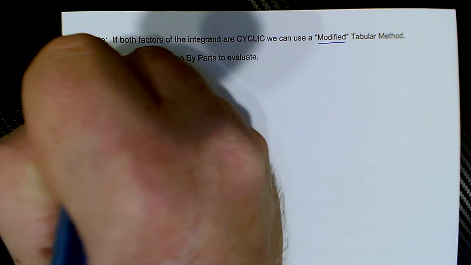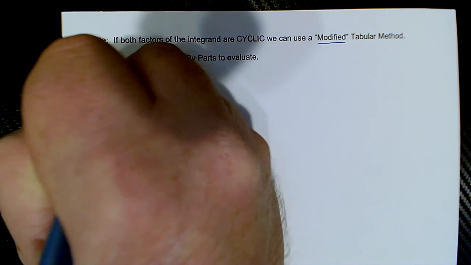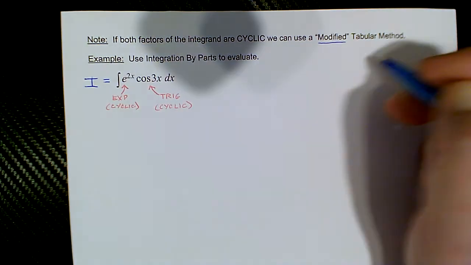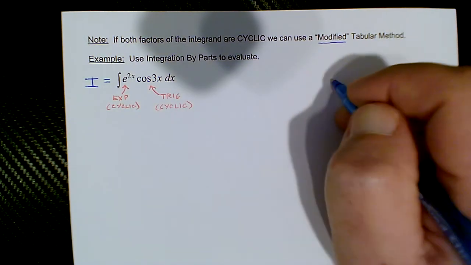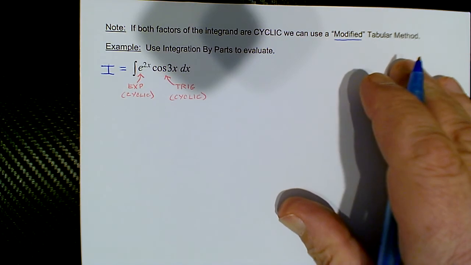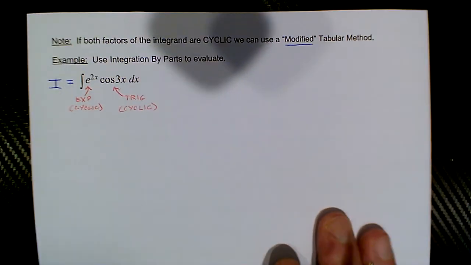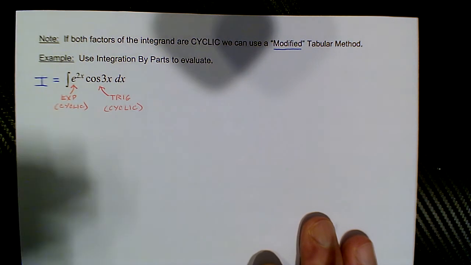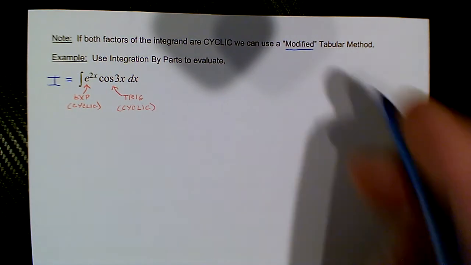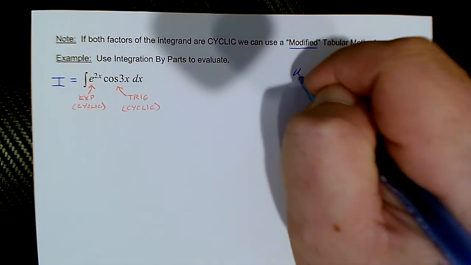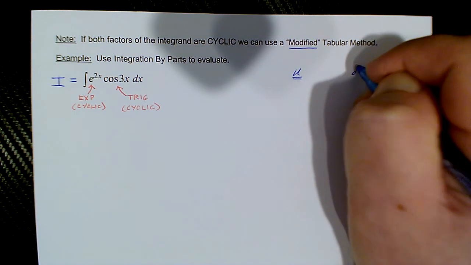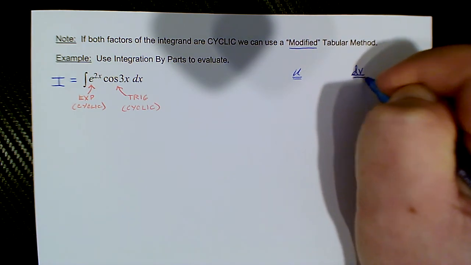Now here's why I call it the modified tabular method. It is because in the previous situations when we used the tabular method, u was a polynomial. And we were able to differentiate that polynomial successively to get 0.